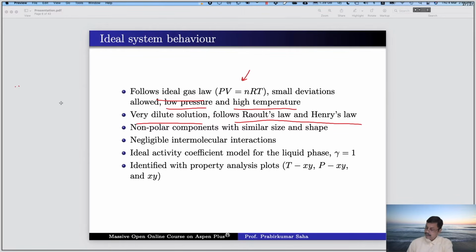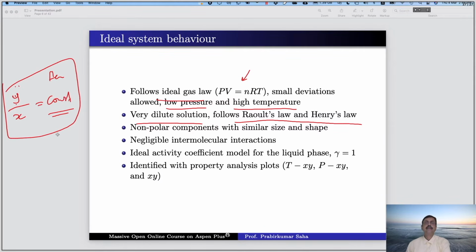We know that for a very dilute solution, if the mole fraction of a component in the vapor phase is Y, and the mole fraction of the same component in the liquid phase is X, then for a dilute solution, Y by X is constant, and this constant is called the Henry's constant. Or this is the Henry's law. Whichever component follows this law is called a Henry's component. And we have given certain examples like CO2 in water, it follows Henry's law.